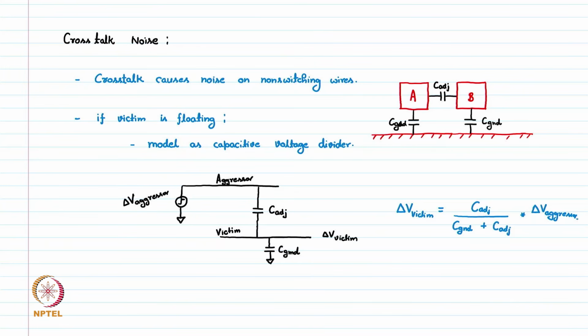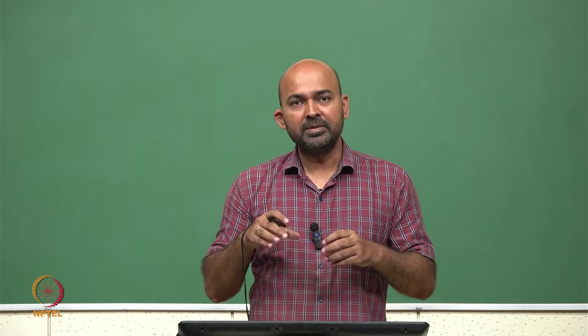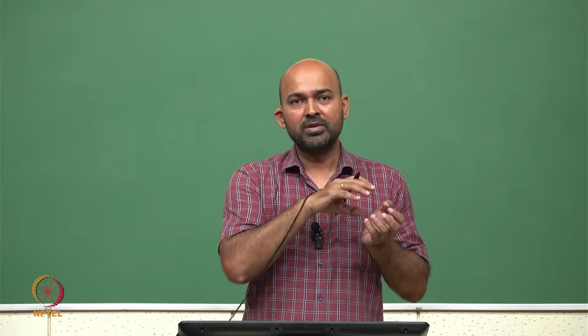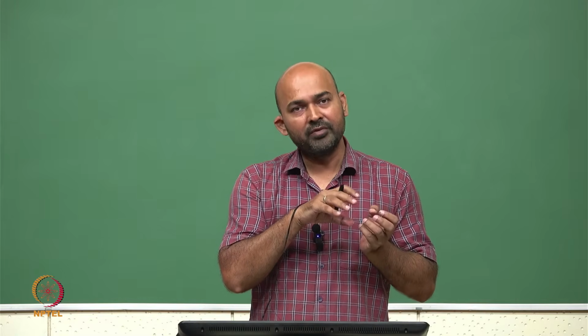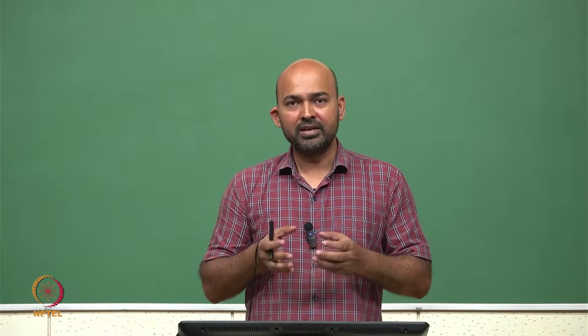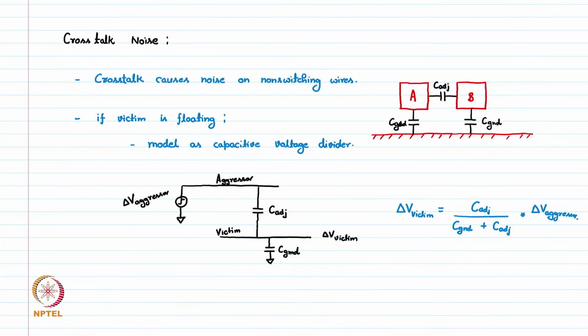So here we have the model where wire A is the aggressor, which is carrying a high switching signal, but this wire is also coupled with the adjacent wire through C adjacent. Because of this coupling, some voltage will be transferred from wire A to wire B, and we can simply write it by the capacitor divider rule: delta V victim equals C adjacent over C ground plus C adjacent, times delta V aggressor.